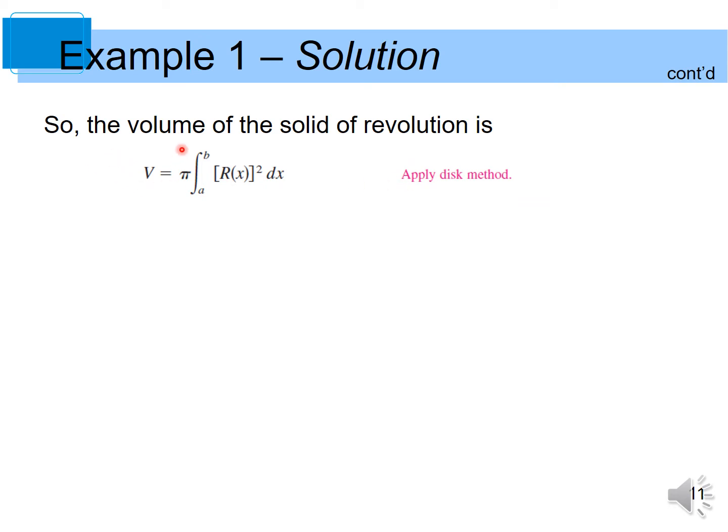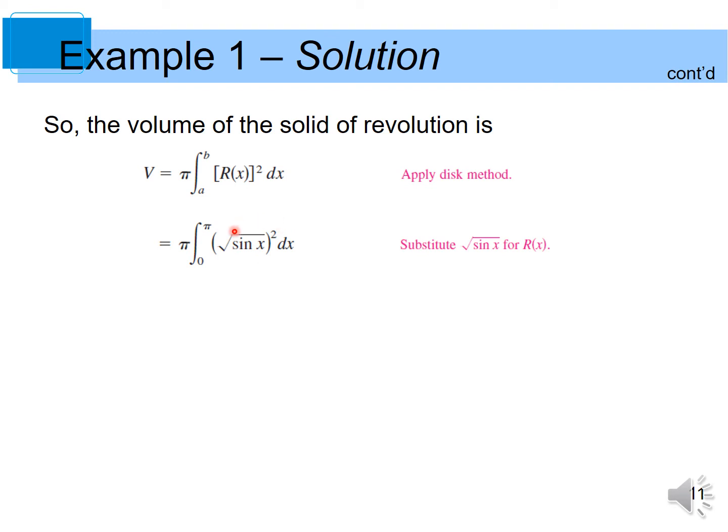So the volume of the solid of revolution is pi times the integral of R of x squared with respect to x from a to b, where R of x is the given function, the square root of sine x.